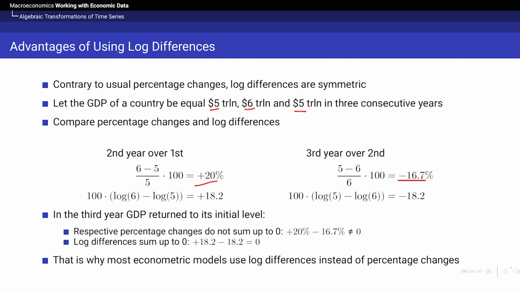Even though the GDP returned to its initial level of $5 trillion, the sum of percentage changes is obviously not equal to 0. In contrast, log differences are equal to plus 18.2 and minus 18.2 in both cases, and obviously this sums up to 0. This property is the actual reason why most econometric models use log differences instead of percentage growth rates.